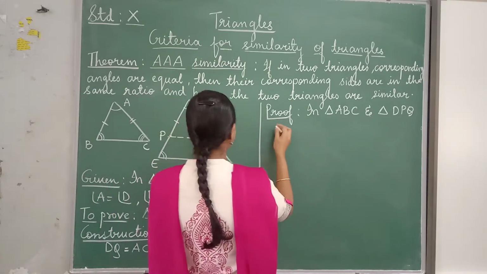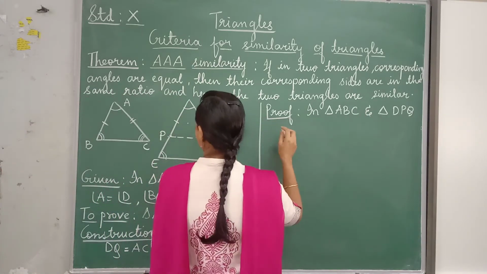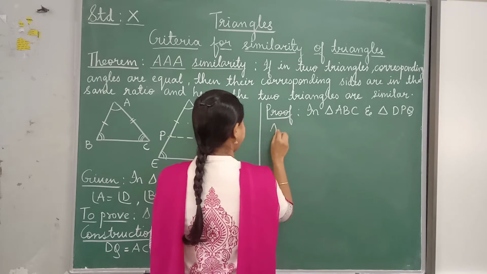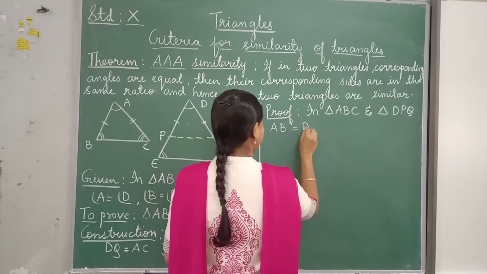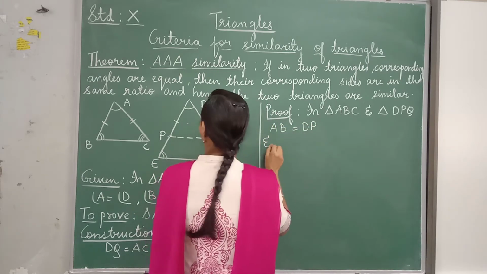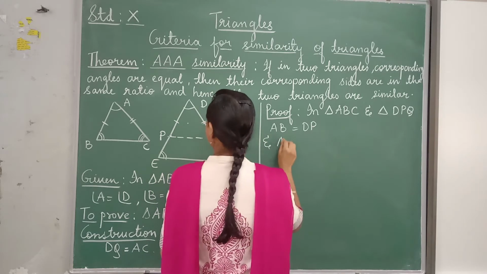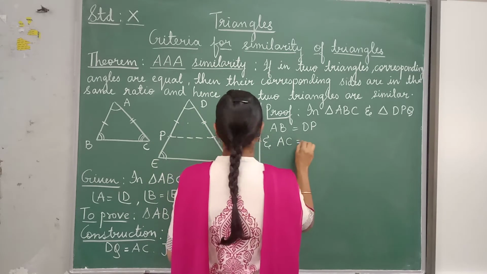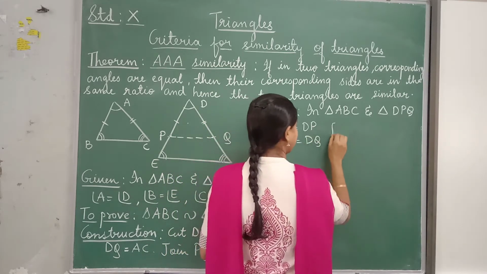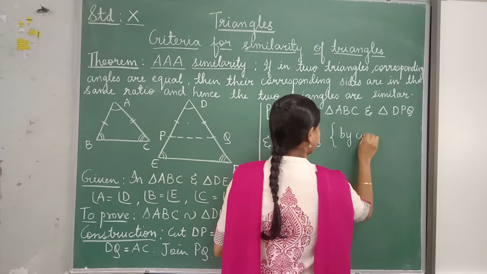So let's write that. In triangle ABC and DPQ, AB is equal to DP and AC is equal to DQ, and the reason is by construction.